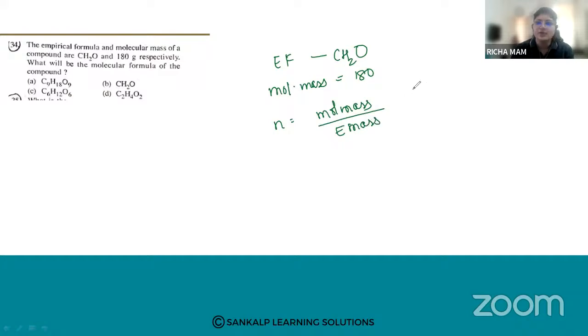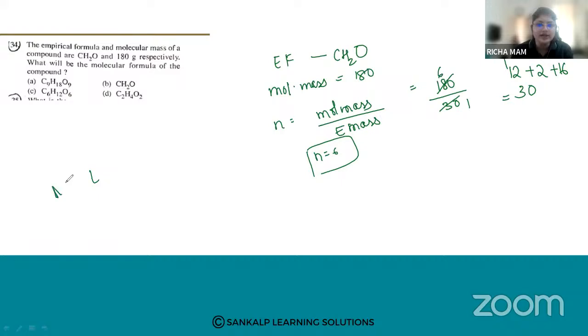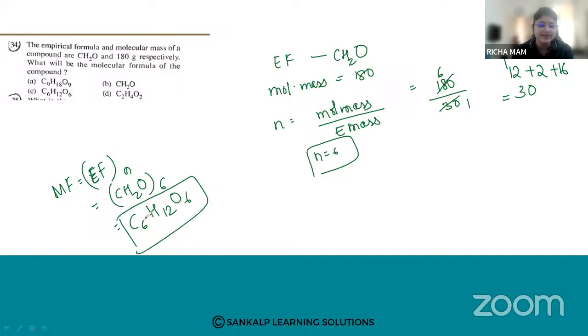Empirical mass is 12 plus 2, which is 14, hmm, actually 12 plus 2 equals 30 divided by 36. So N is equal to 6. Now put that value. Molecular formula is equal to EF into N. So this is the formula C6H12O6. Are you getting the same?